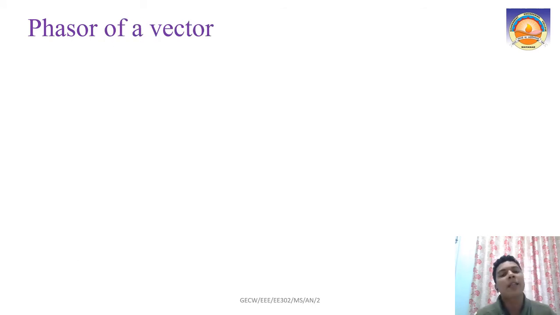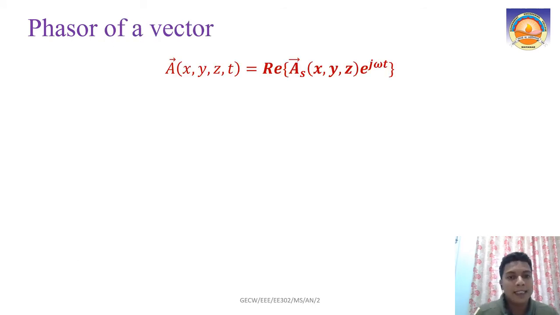Now as I said before, it's just similar to our discussion on general phasor. Similarly, our vector also can be represented. Vector A, a function of x, y, z and t, can be represented as the real part of some vector As of x, y, z times e raised j omega t.